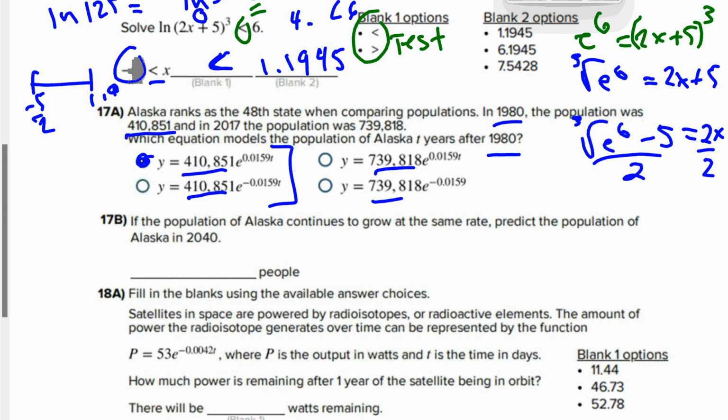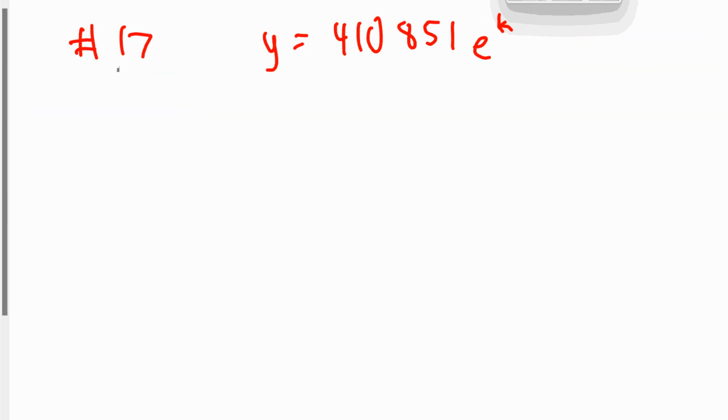I don't really have very much room here. So let's go ahead and change colors and say if 410,851. Ooh. All right, so sorry about that. It needs more room. So here's number 17.